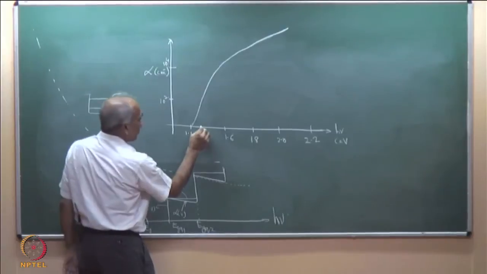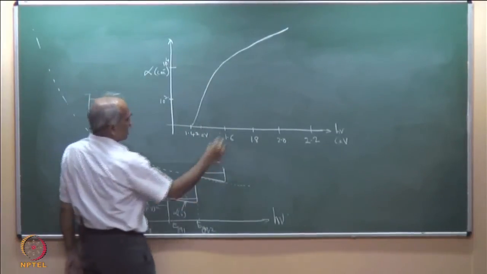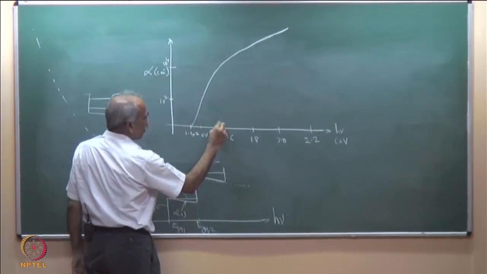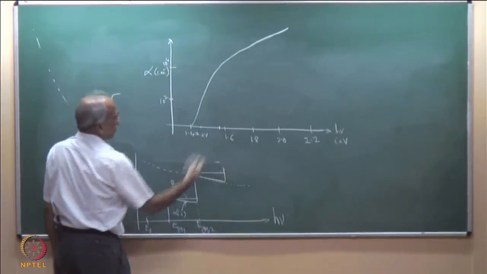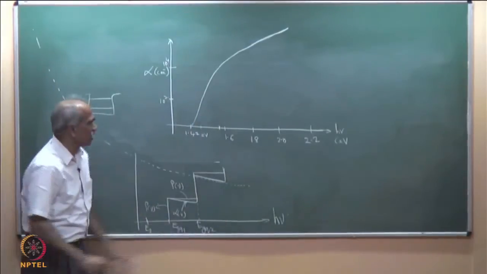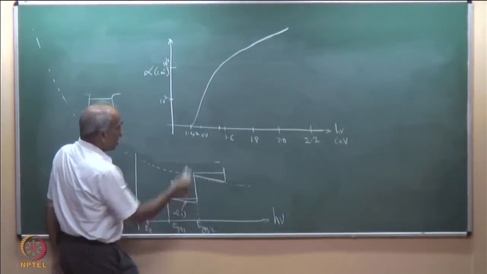EgQ1 will be somewhere here and EgQ2 may be somewhere here, 1.58, approximately 1.4652, something like that. I am just giving you an idea, but how do we expect this to behave?